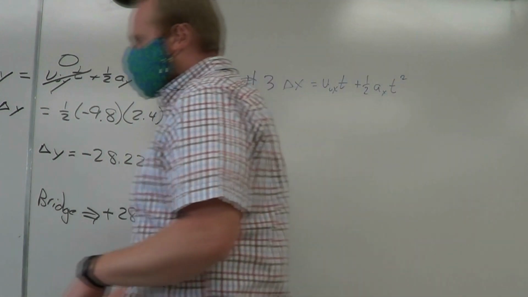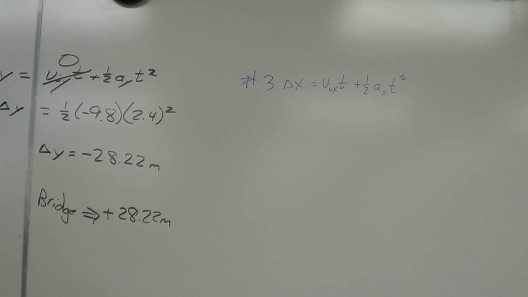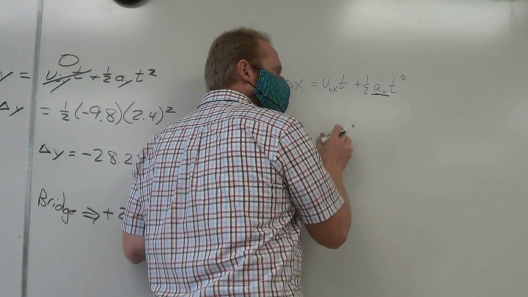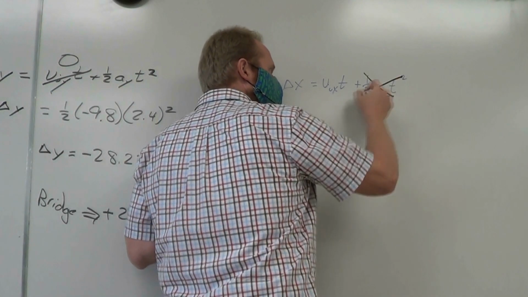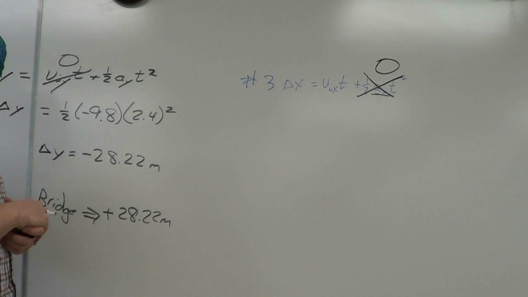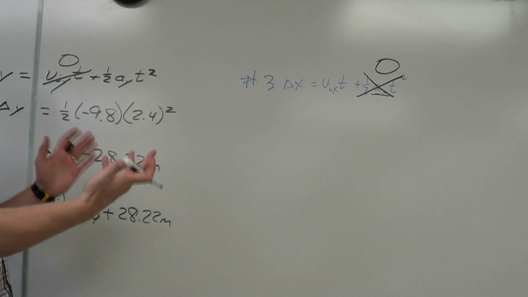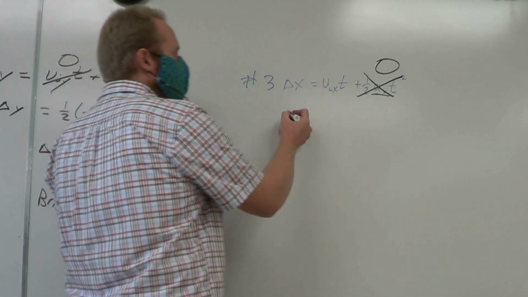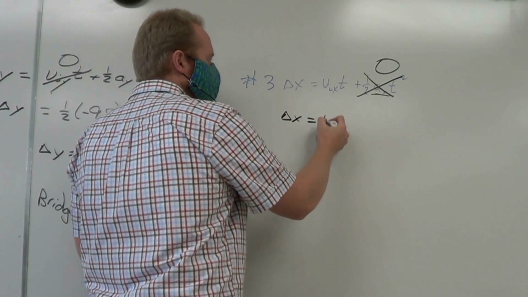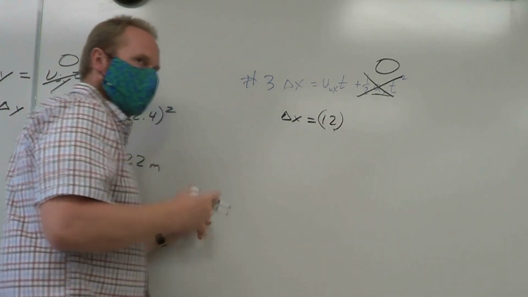Once again, equation number 3 simplifies nicely, because in my list of variables we said that in a projectile motion problem the acceleration in the x direction is 0, so that whole chunk of terms cancels out. So delta x is equal to my vix, which we said was the same as my vfx.